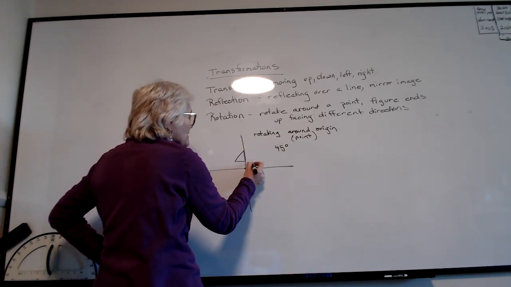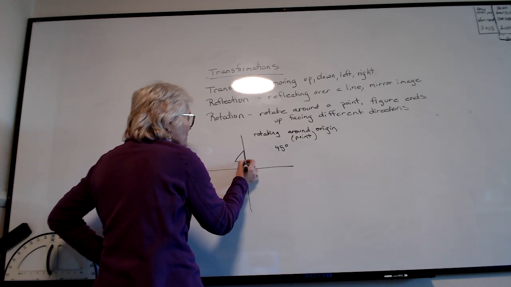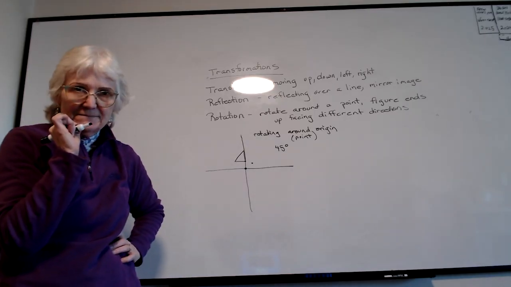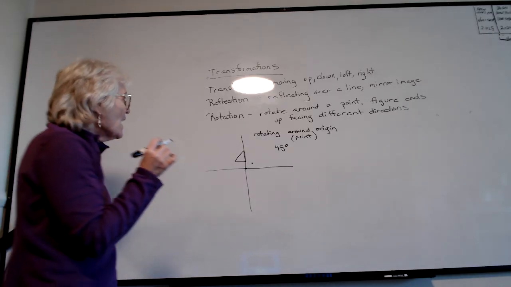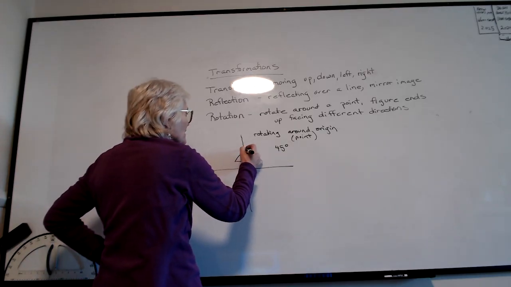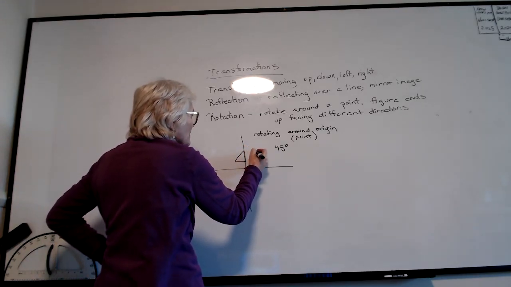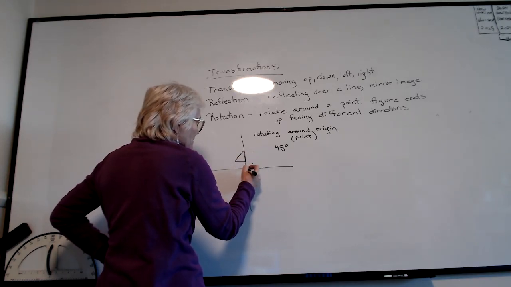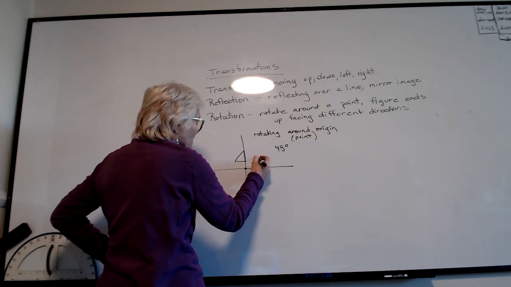So that means that this point right here is going to move 45 degrees that way. This point here is going to move 45 degrees this way. Here's my 45.